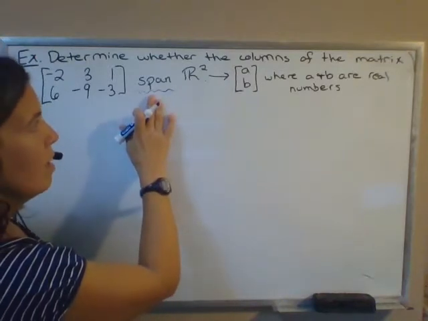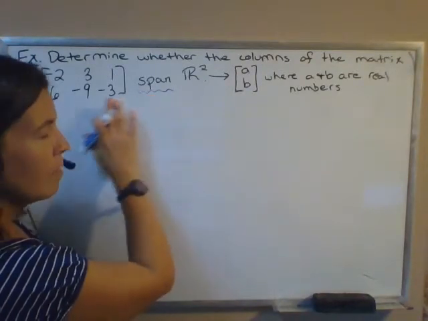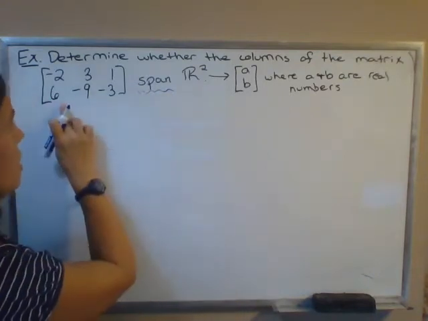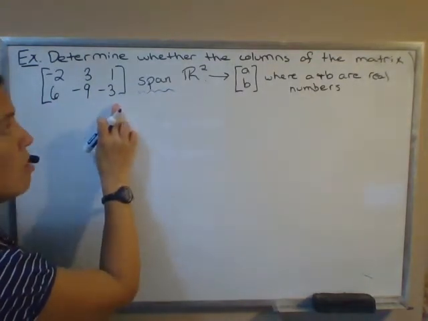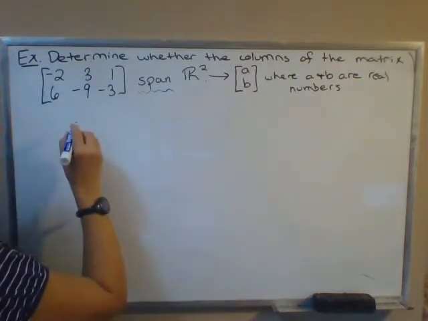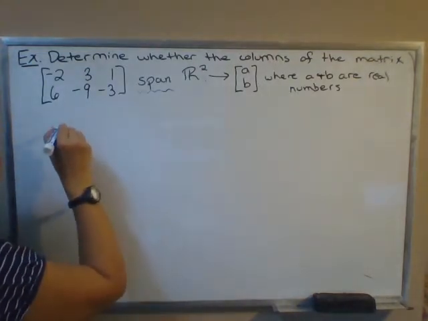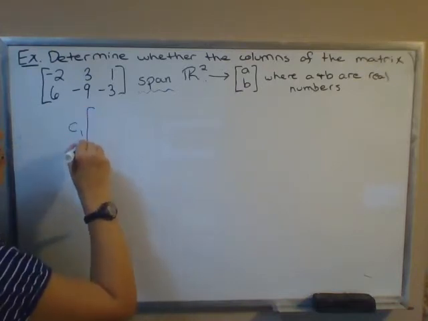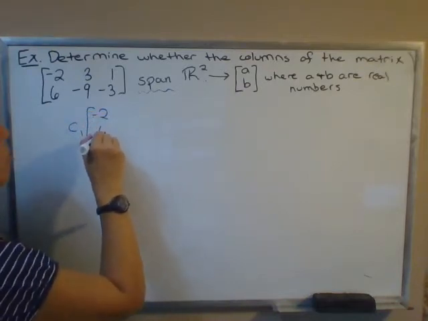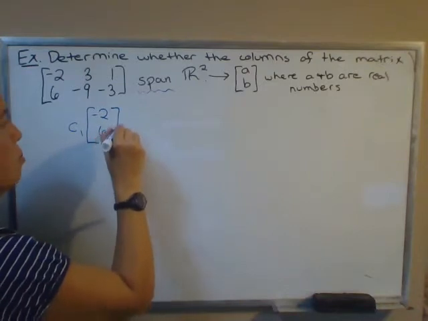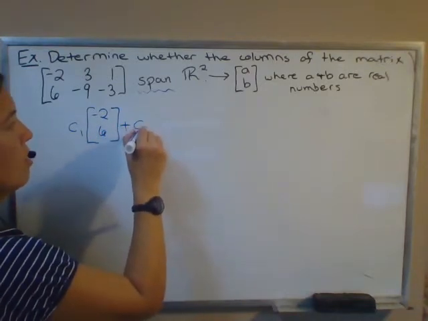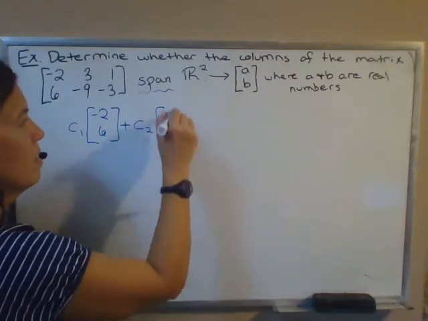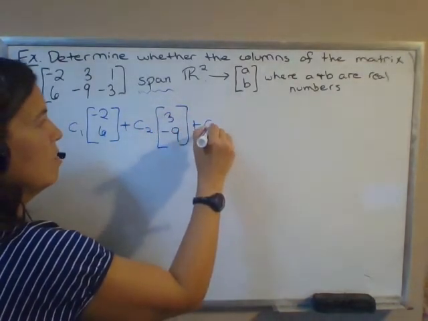So I said that the columns here span R2 if any vector in R2 can be written as a linear combination of these columns. So a linear combination is when we take some scalar, let's call it C1, times the first column, -2, 6, plus some scalar, let's say C2, times the second column, plus some scalar, let's call it C3.